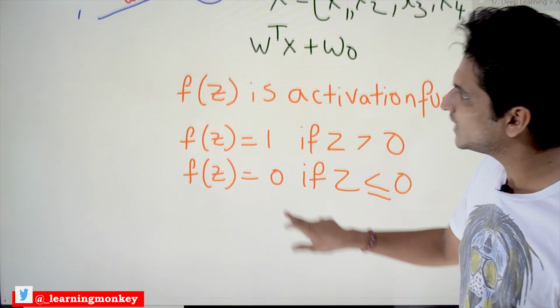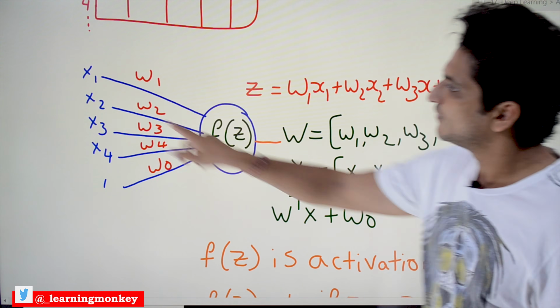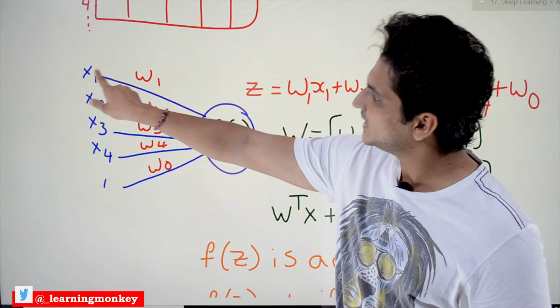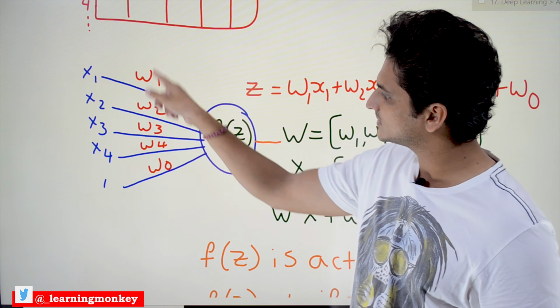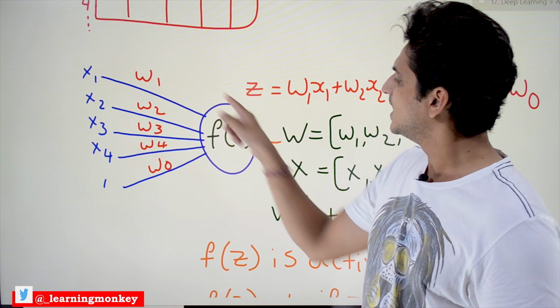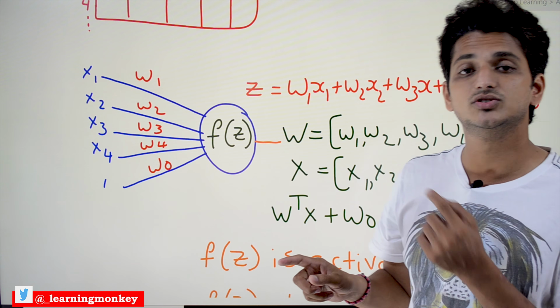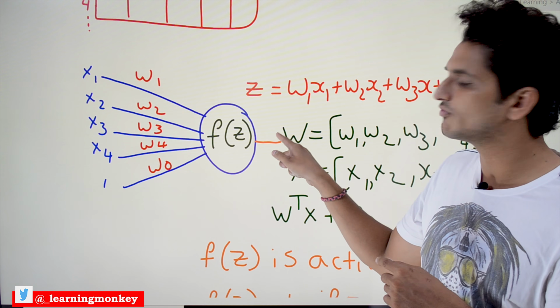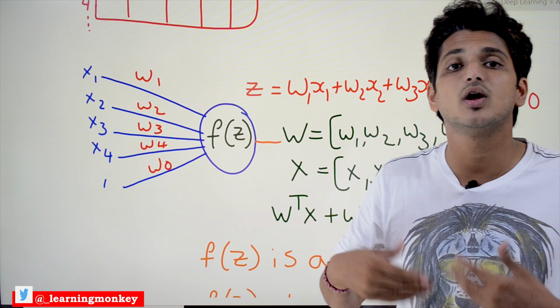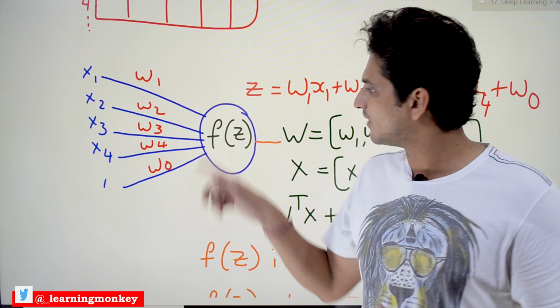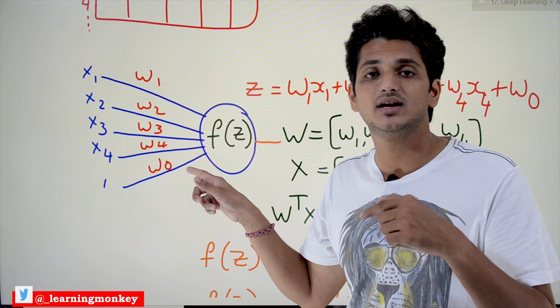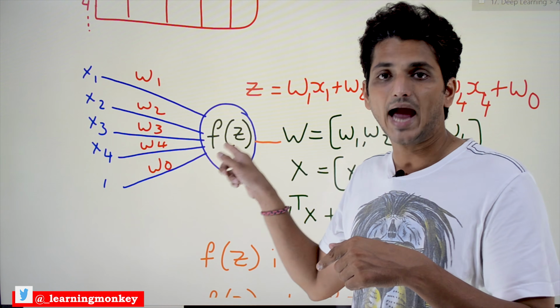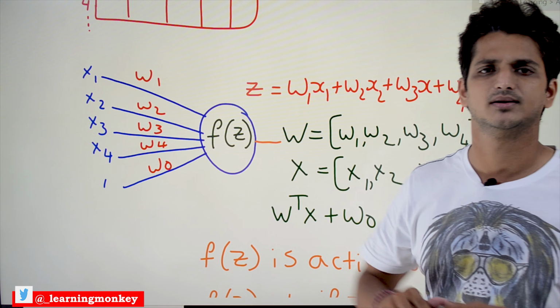So what we understand from this is, if you give an input and it is multiplied by w1 x1 and so on, and we sum all these values, if the z value is greater than 0, our activation function will generate an output of 1, meaning our neuron is activated, our perceptron is activated. That's why we got the name activation function for f.